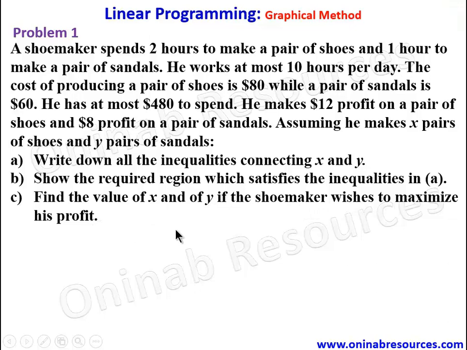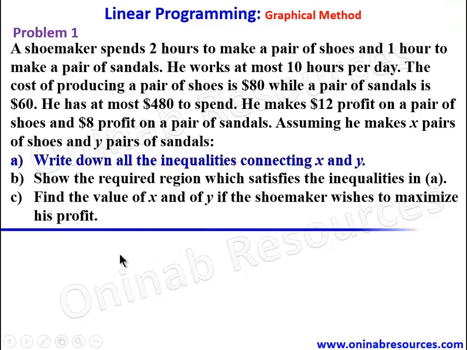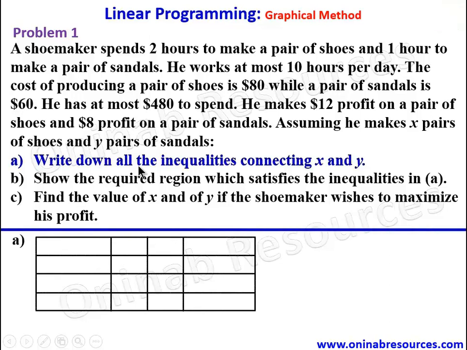So in our solution, we are going to create a table starting from A. In the first column, we'll be having the resources. The second column represents the pair of shoes, the pair of sandals, and the available resources. The first resource there is time.